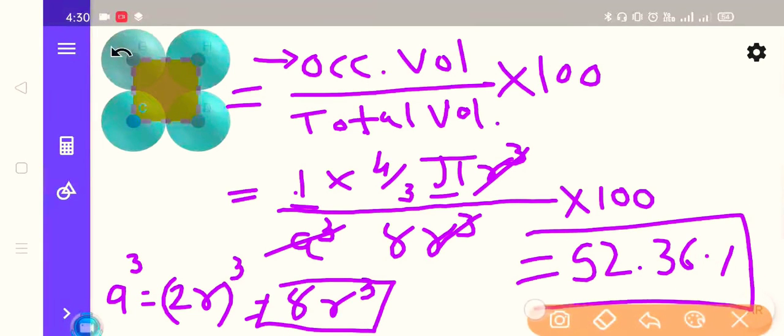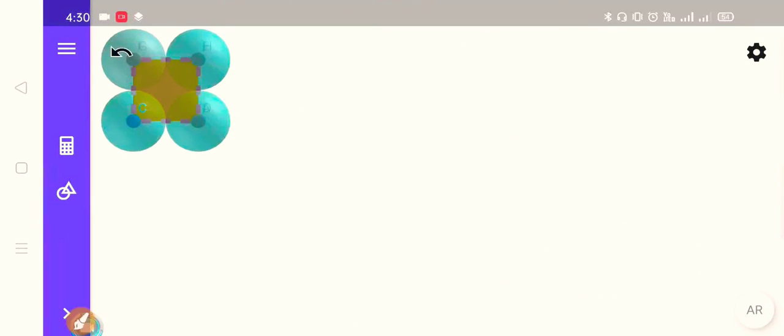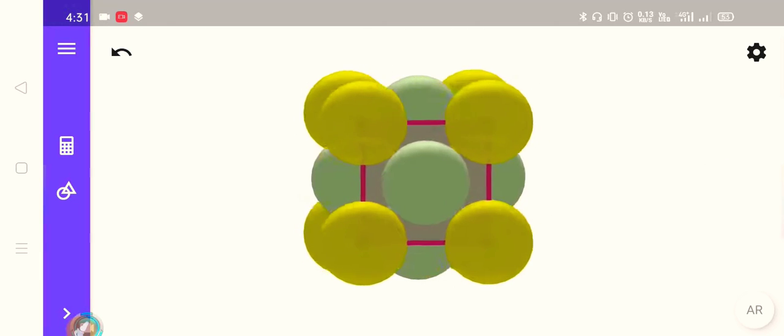This will be the packing efficiency of the primitive unit cell. That means almost half the space is empty inside the unit cell. So 52.36, or roughly 52.4%, is occupied space, and the remaining will be empty, that means voids. This is the packing efficiency of the primitive unit cell.